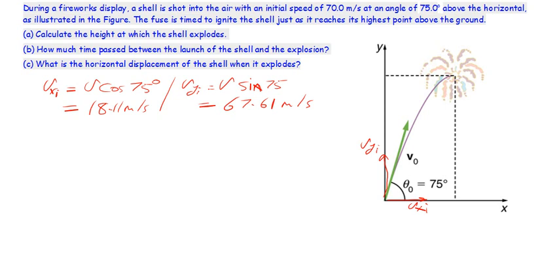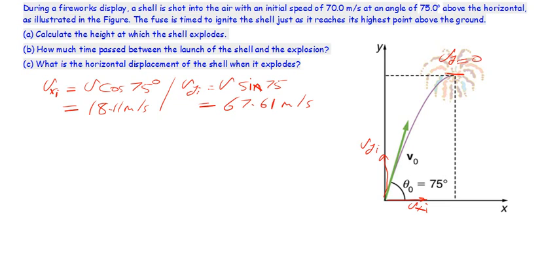Now, let's see how much this information will help me calculate the maximum height this shell will reach. I have to remember that at the maximum height, the Vy will equal 0.